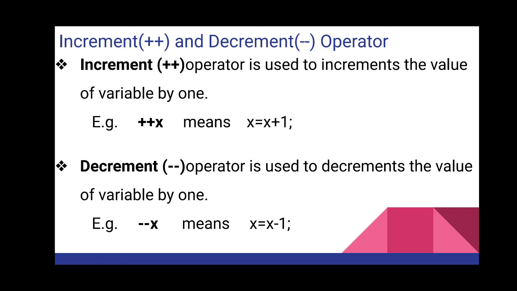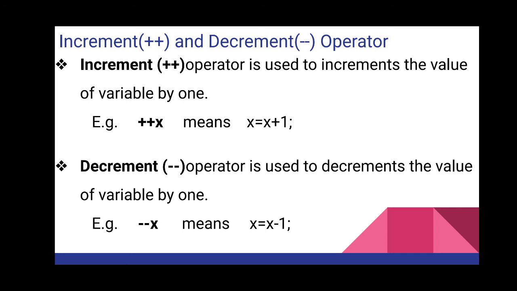So for the increment operator, that is the plus plus operator, if I am writing plus plus x or x plus plus, both are valid. So what does it mean? I am incrementing the value of x by 1. So even if you encounter plus plus x or x plus plus, it means x equal to x plus 1.